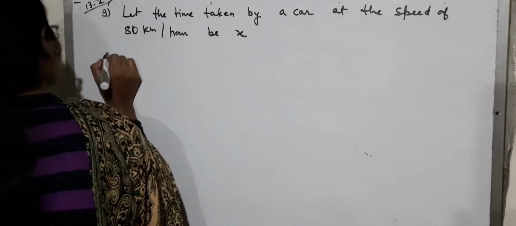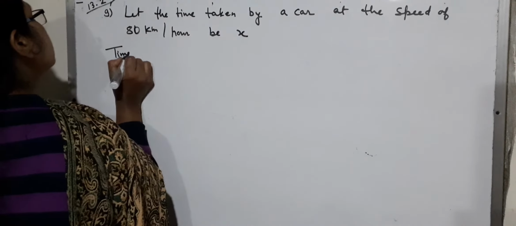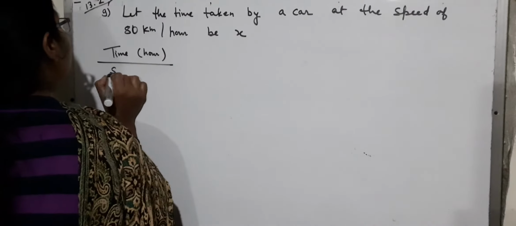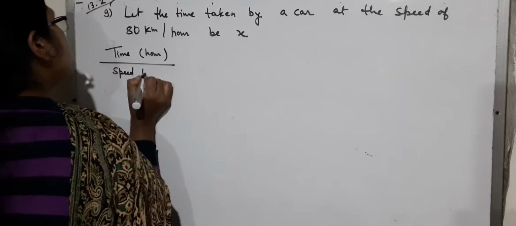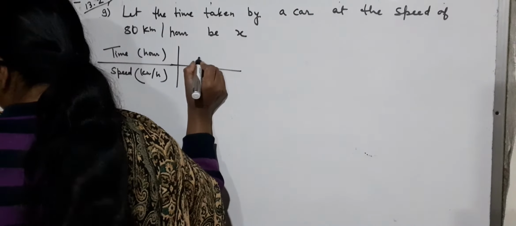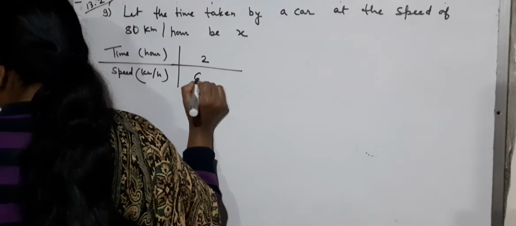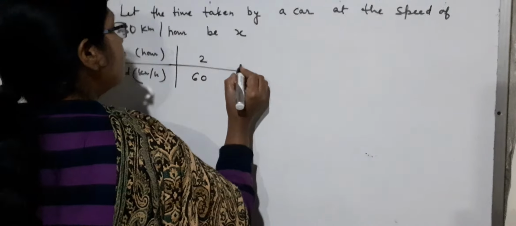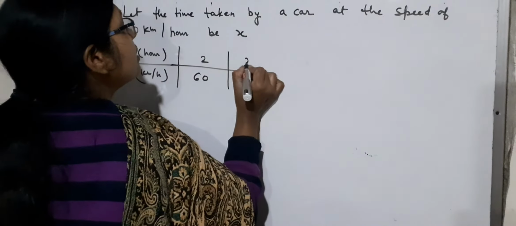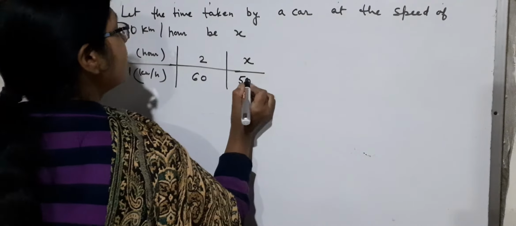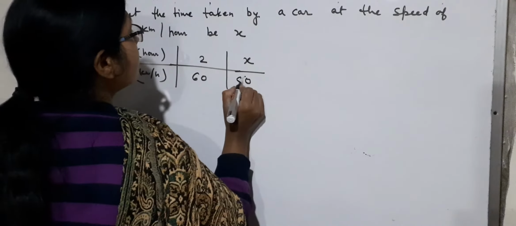Then time in hours and speed in kilometers per hour: when time is 2 hours, speed is 60 km per hour, then time is x hours when speed of car is 80 km per hour.